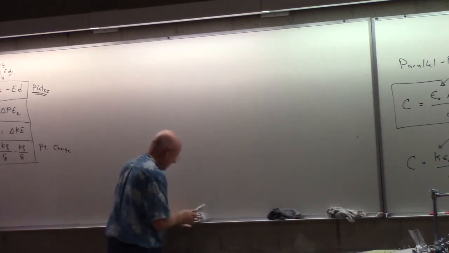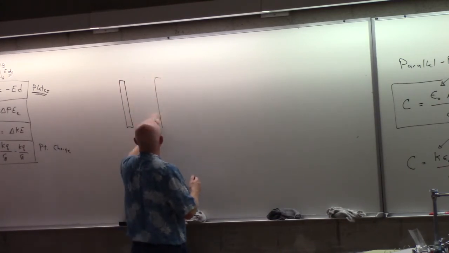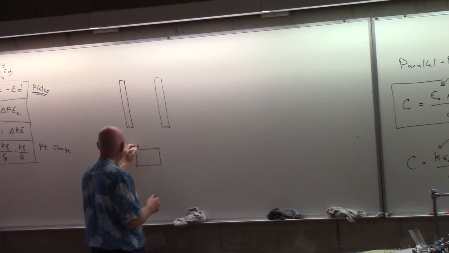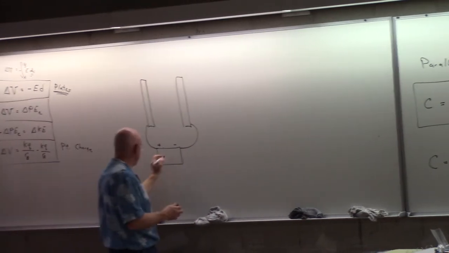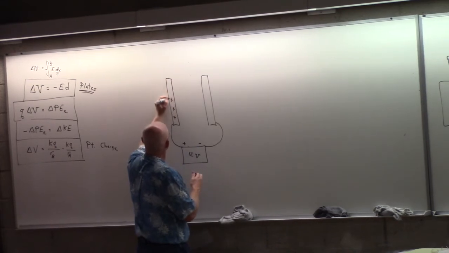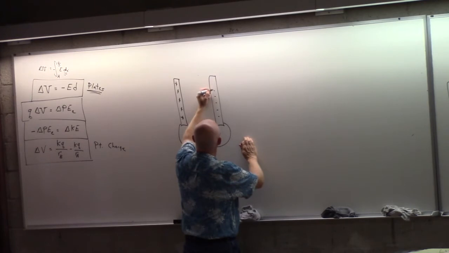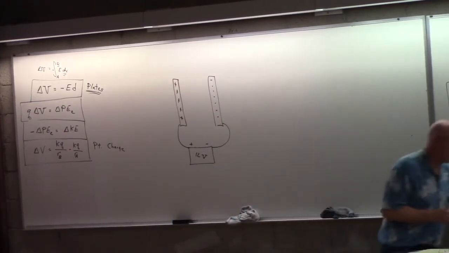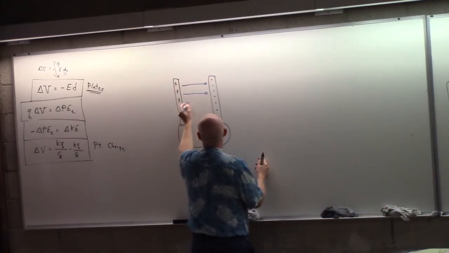If you take capacitor 1 and hook it to a battery, plus and minus, and let's say this battery is 12 volts, you're going to get a bunch of positive, because the lack of electrons comes off, and negative. And that's going to make an electric field. The electric field will look like this.